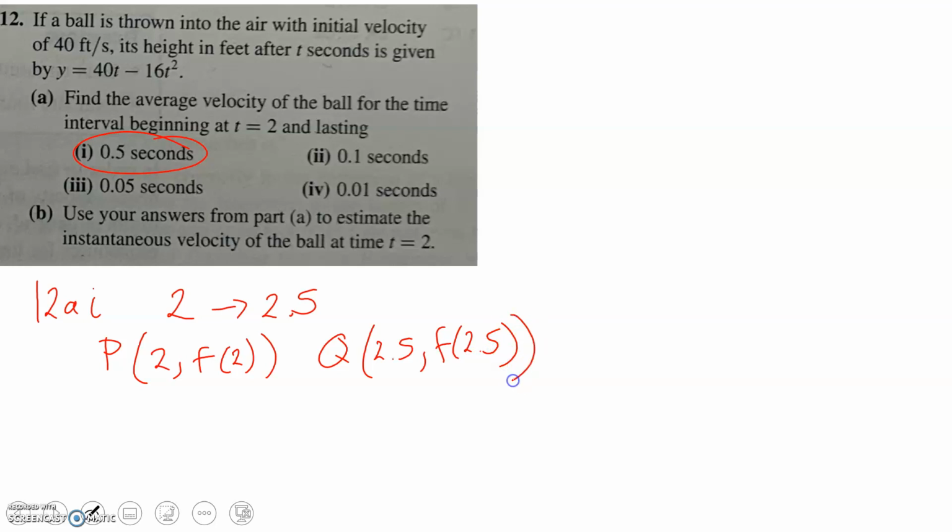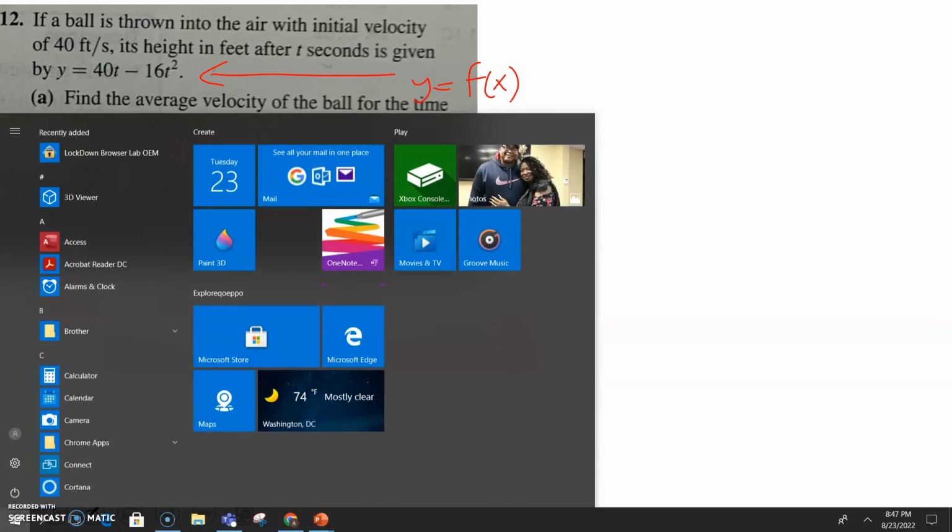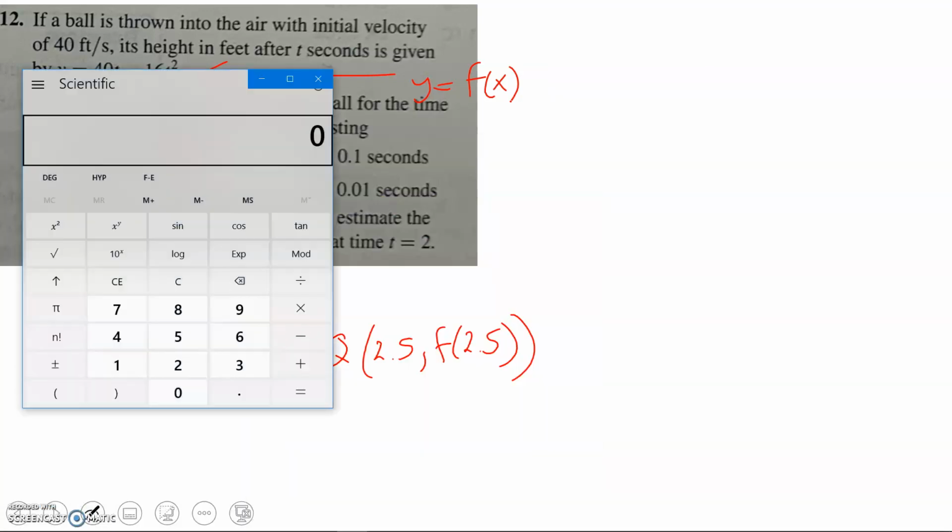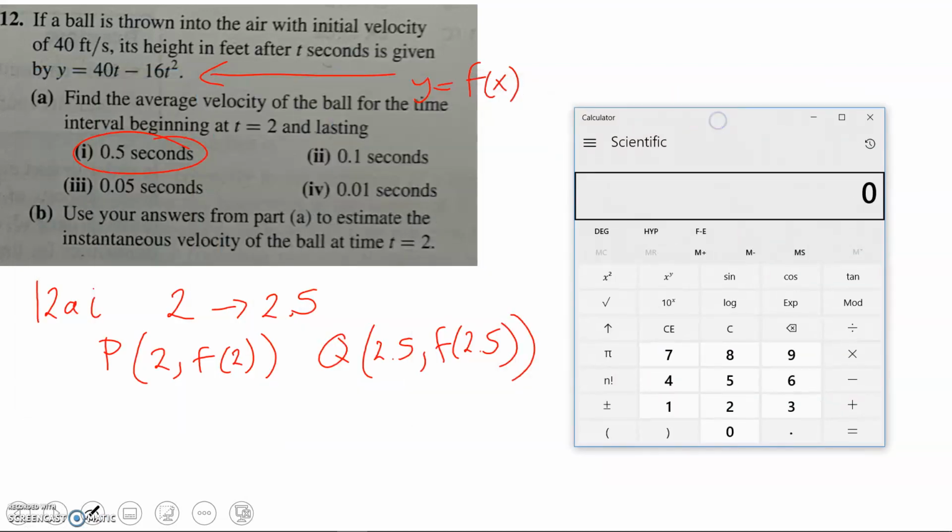Now do note in this situation, our f of x is going to be our function here. So remember, y is equal to f of x. In order to find f of 2 and f of 2.5, we will simply substitute our values into the function. So for example, f of 2 would be 40 times 2 minus 16 times 2 squared.